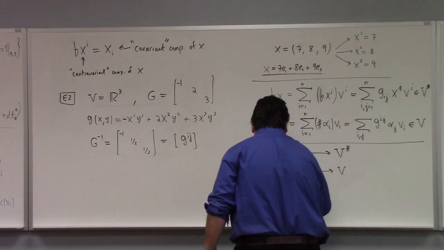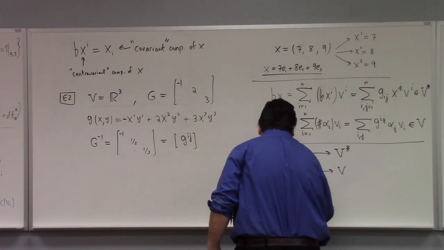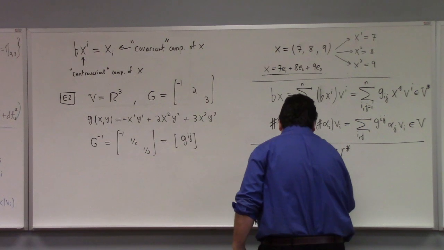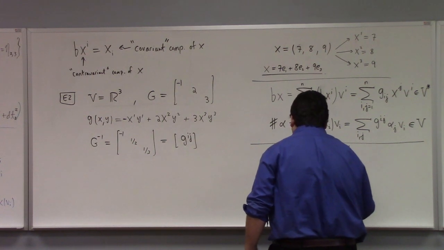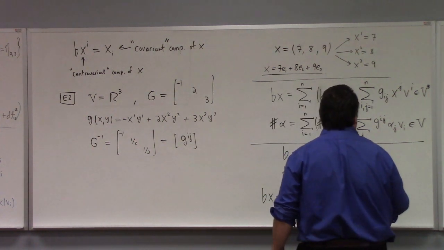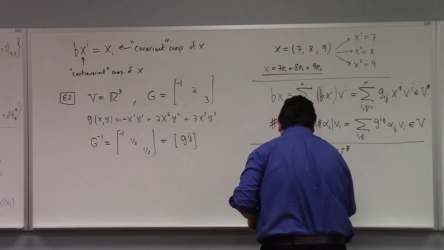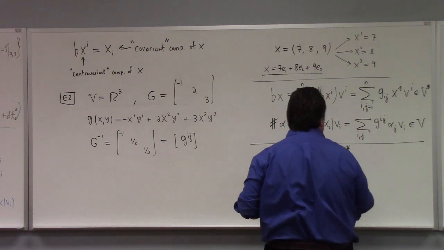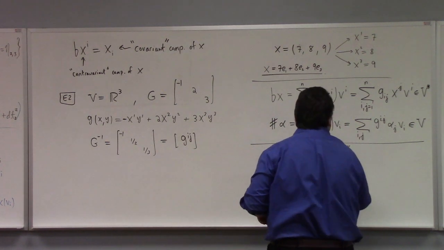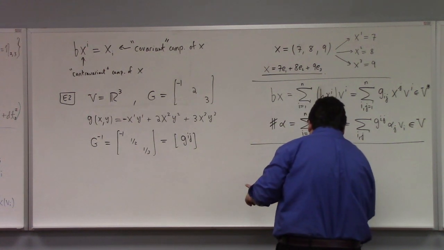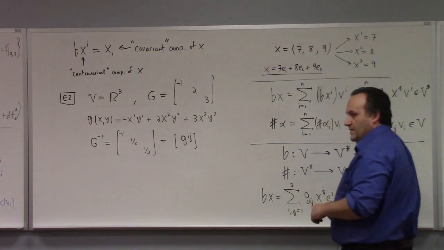If I follow my definition, sum ij equals 1 to 3 of g lower ij of x upper j, and v upper I is e upper I, the dual basis for R3.